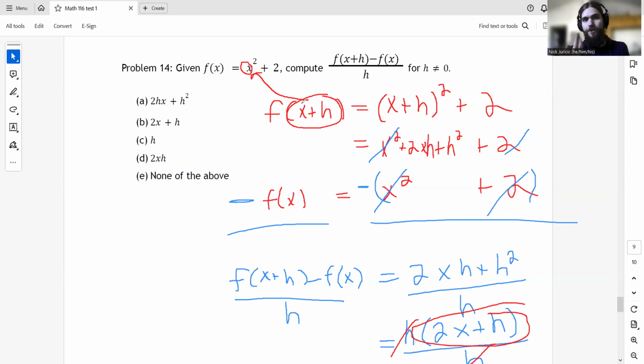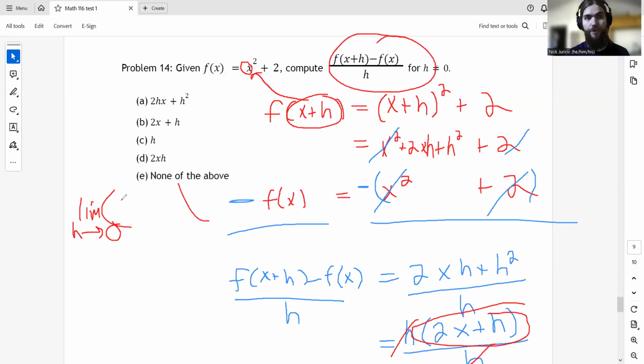The meaning of this computation and its importance to our class is that this is really the difference quotient, the definition of the derivative. If we take the limit as h approaches 0 of this whole thing, which turns out to be the limit as h approaches 0 of 2x plus h, we just plug in h equals 0, and it gives us 2x.